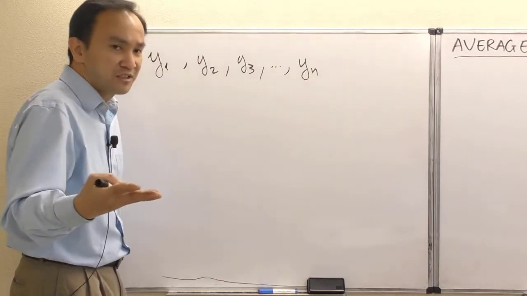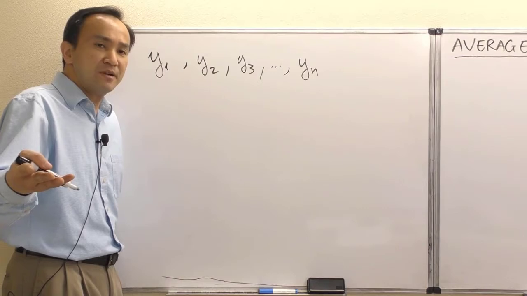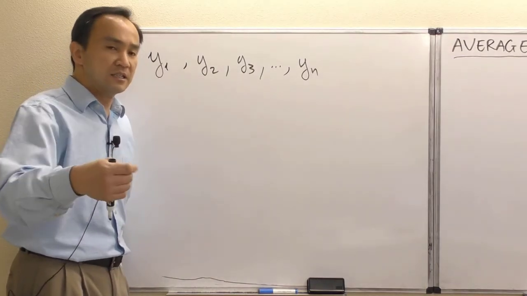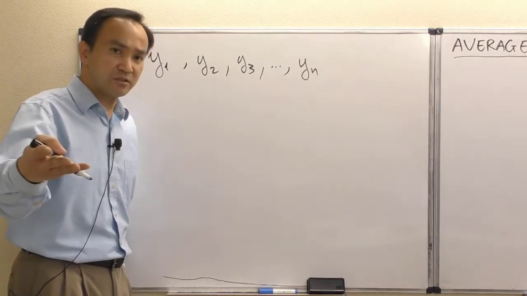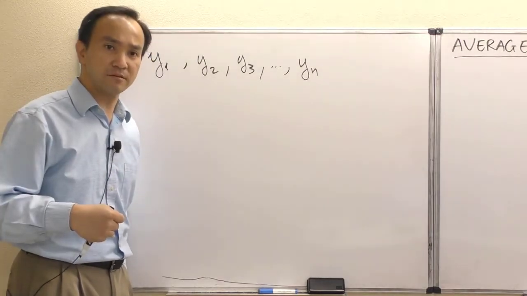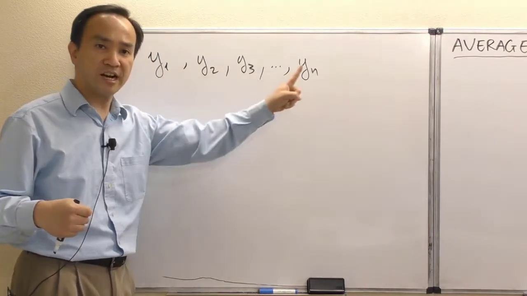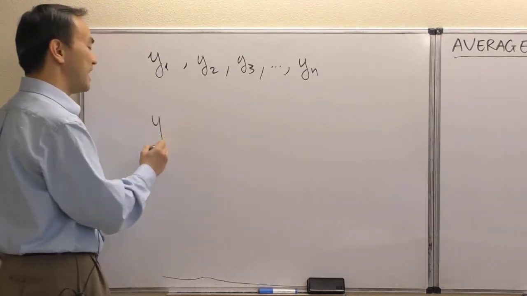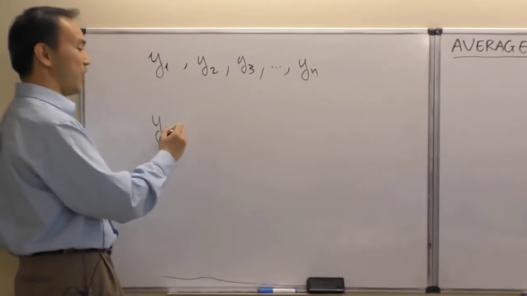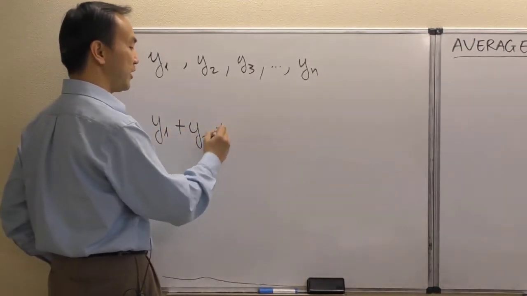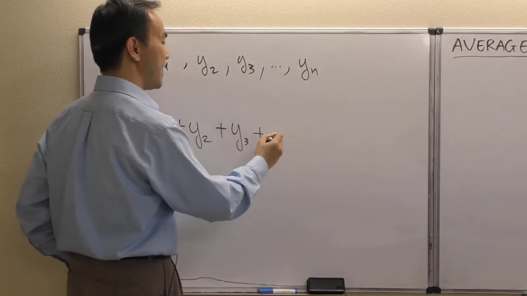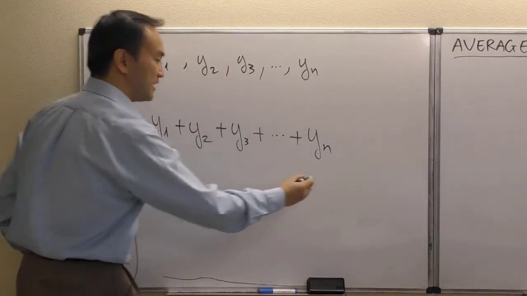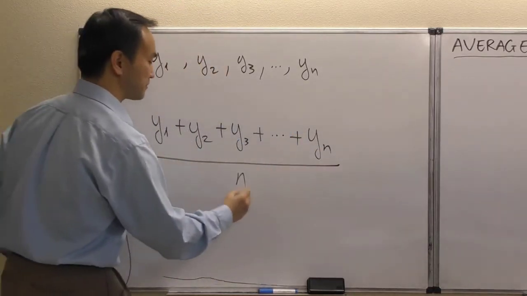For a teacher, a lot of times students ask me, hey professor, what is the average exam score? So I go through the entire list of exam scores in front of me, and what do we do to find the average? y1 plus y2 plus y3, keep adding up to the end of the list, yn, and then we divide by n.